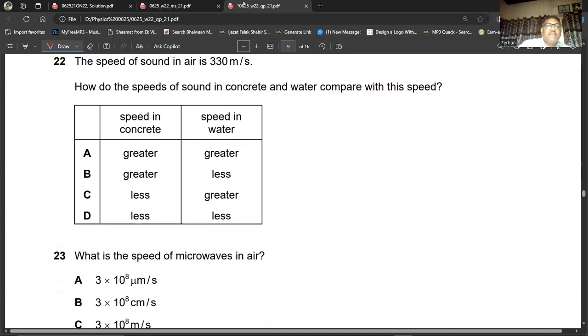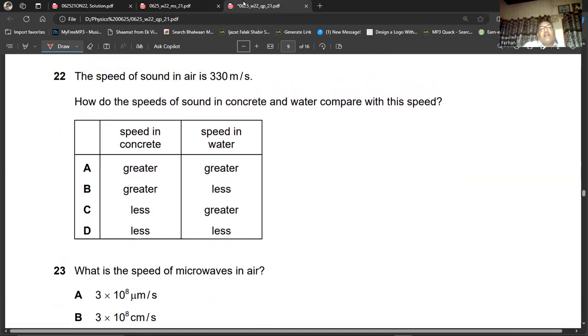Question number 22. The speed of sound in air is 330 meter per second. How do the speeds of sound in concrete and water compare with this speed? The speed of sound in concrete will be more than this speed, and the speed of sound in water will also be more than this.